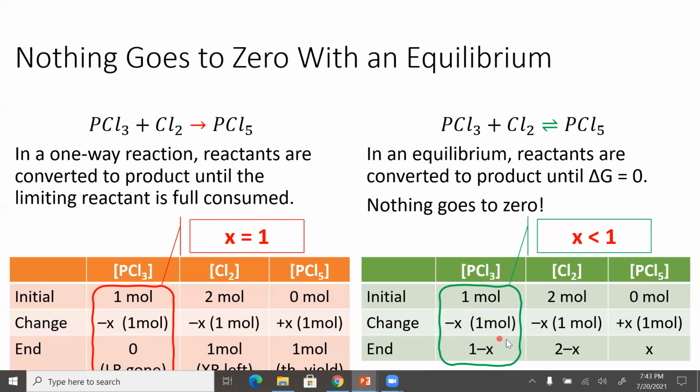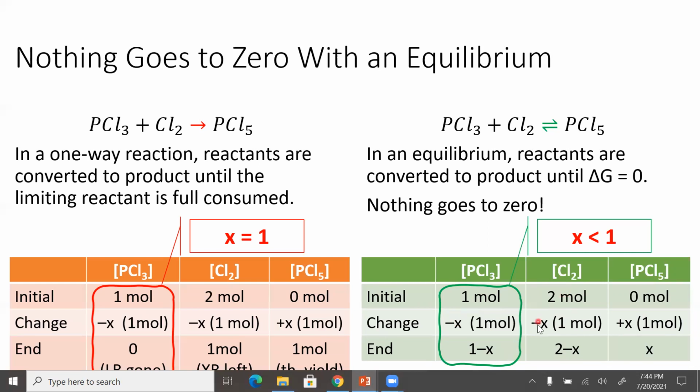Some of this reacts, but not all of it. So something less than 1 mole of this reacts, something less than 1 mole of this reacts, and something less than 1 mole of this is produced. And what we end up with is 1 minus X, whatever that X might be, we'll define later. That's how much PCl3 we'll have at the end.